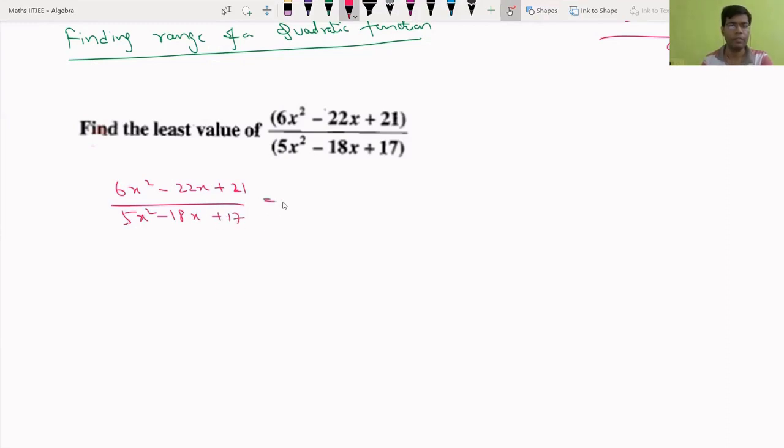So one way of doing it is, let us assume it as y, and then simplify it a little bit by rearranging the terms. We can take this on the other side, we get 5y x square minus 18y x plus 17y.